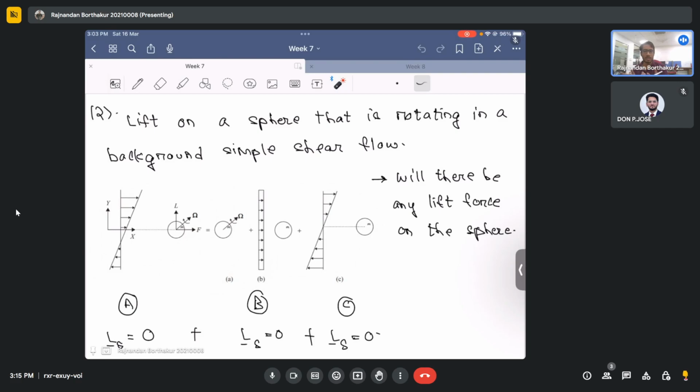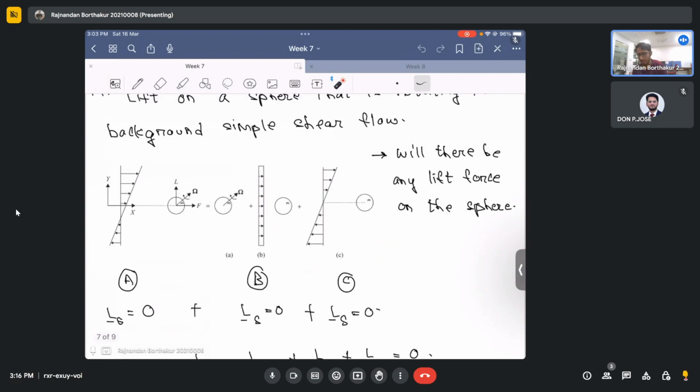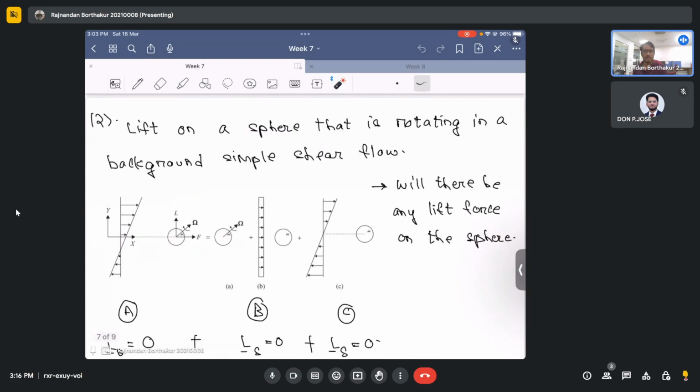Since the governing equations are linear, the lift on the entire system is the linear superposition of the lift forces of these three systems, A, B, and C. Since individually the lift force was zero, the overall lift on a sphere rotating with an angular velocity omega, subjected to a shear flow, is zero. And this again is a consequence of the linearity of the creeping flow equations.